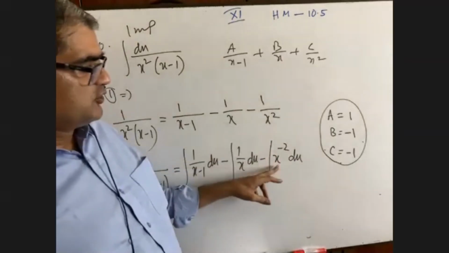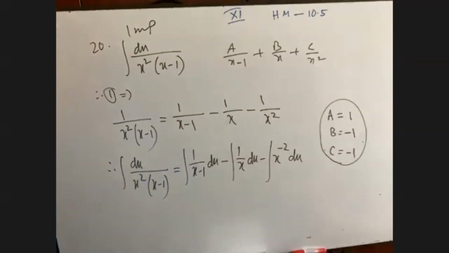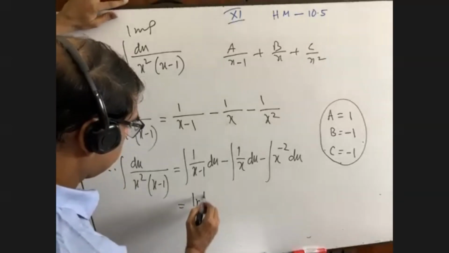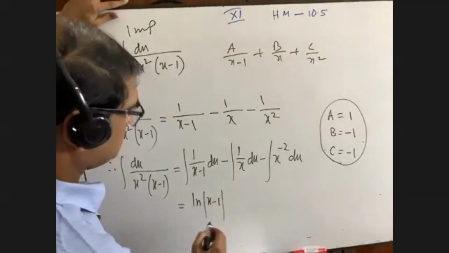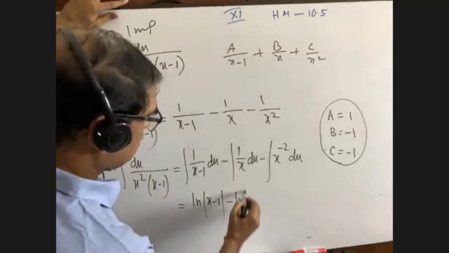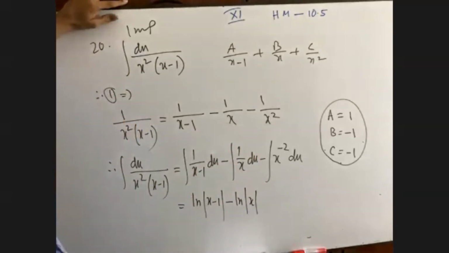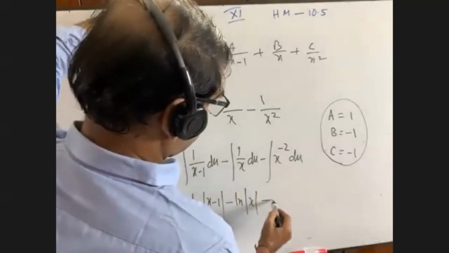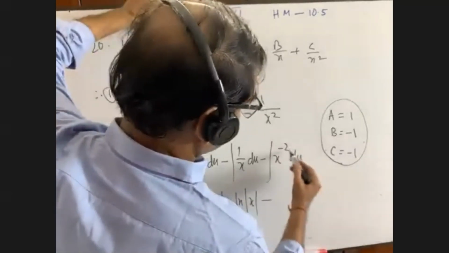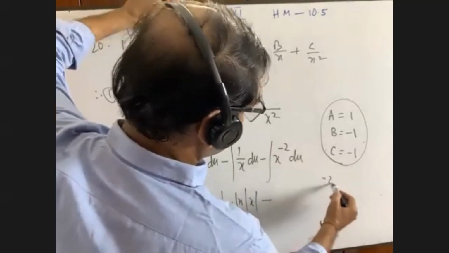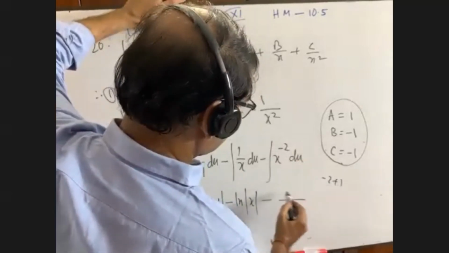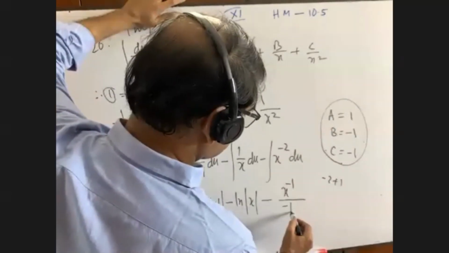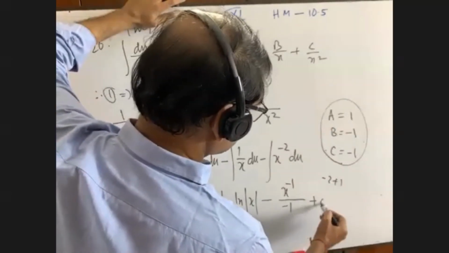1 by x square, that is x to the power minus 2. That is, we are getting here ln of x minus 1 minus ln x. And here it is minus x to the power minus 2, that is x to the power minus 2 plus 1, that is x to the power minus 1 by minus 1 plus c.